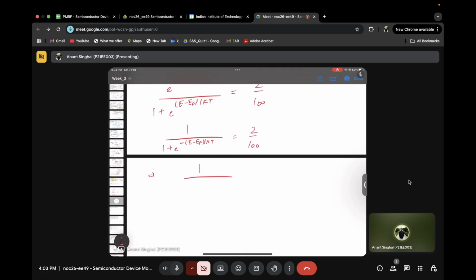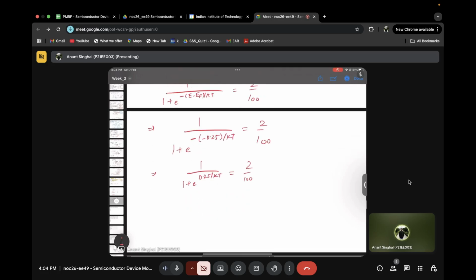And we already know what E minus EF is, which is minus 0.25. So I can write this as 1 upon 1 plus exponential 0.25 over kT equals 2 by 100. We need to find T and k. We already know it is the Boltzmann constant, right? So k is 1.38 times 10 to the power minus 23 joules per Kelvin.